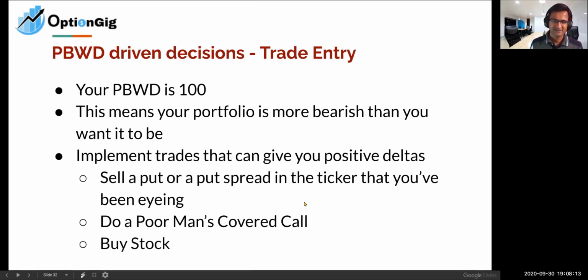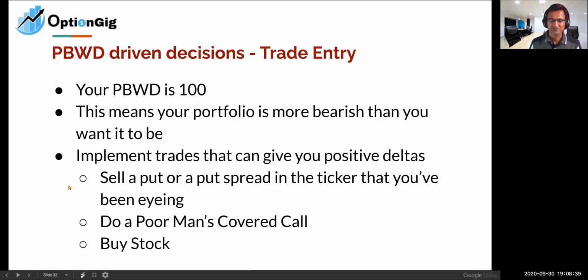Buy a stock. A quick way to gain positive delta: buy a stock. Again, there are pros and cons of buying a stock or selling a put. Both can give you deltas, but both have their own advantages and drawbacks. So make sure you check those boxes before you decide how you want to increase your deltas.